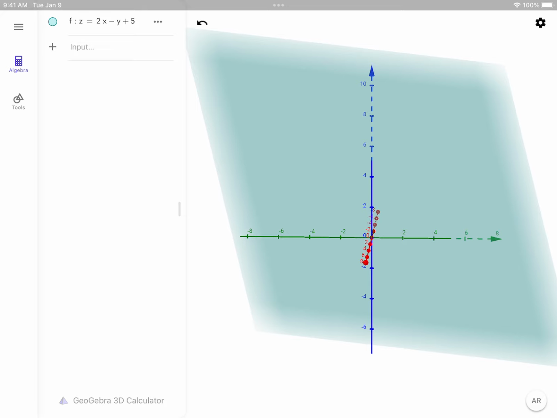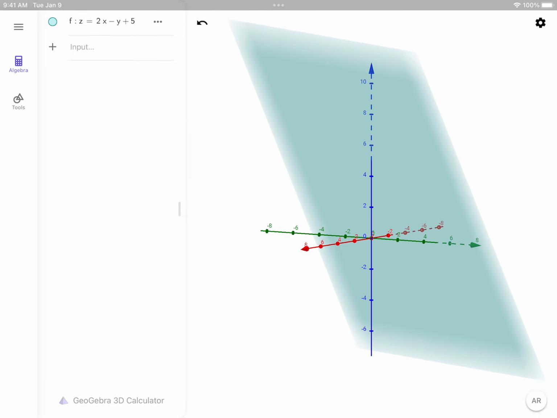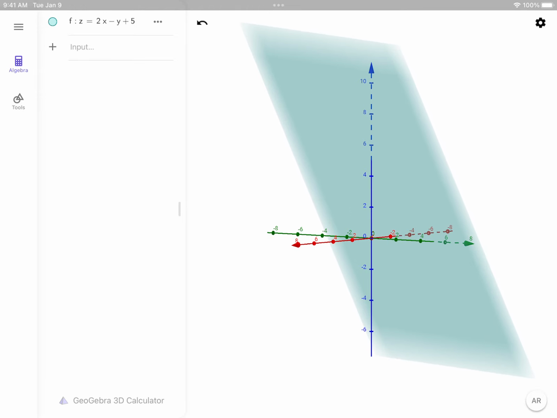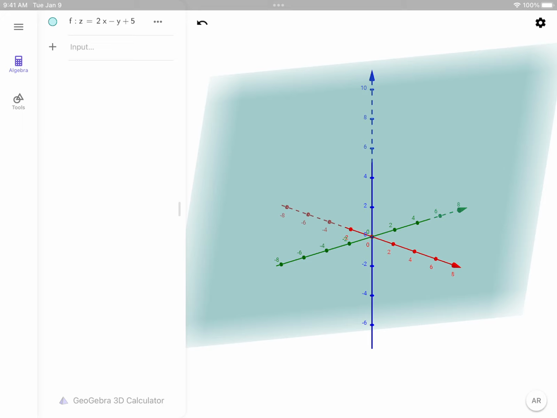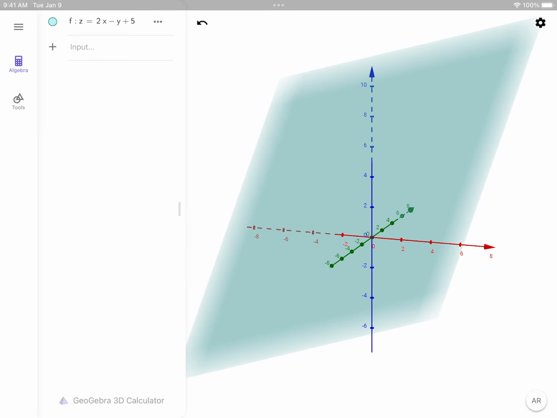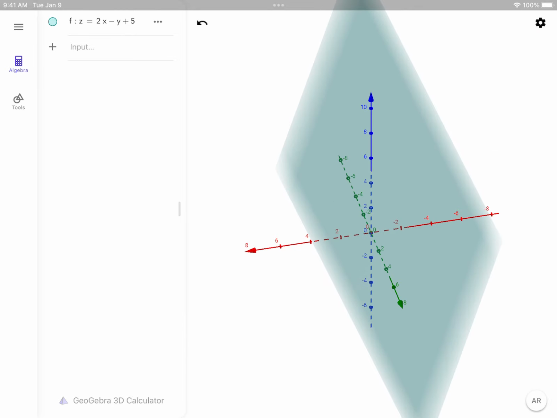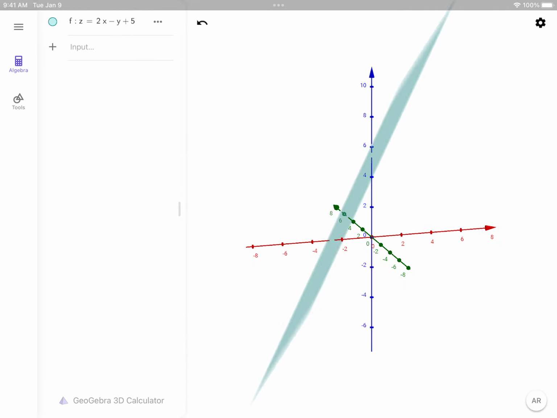Now it's telling us that in this perspective, the slope is actually going to be negative 1. If we're looking in the x direction, we have a slope of positive 2. If we look in the y direction, we have a slope of negative 1.